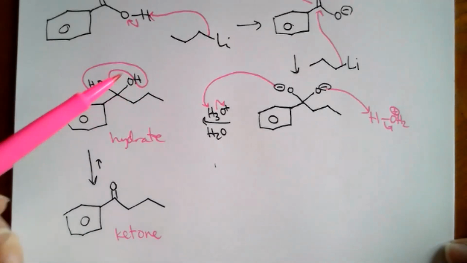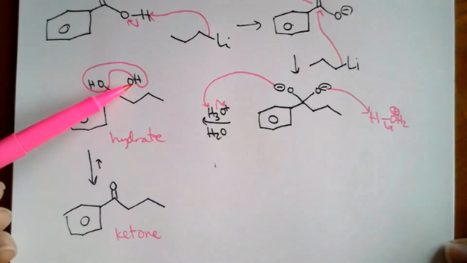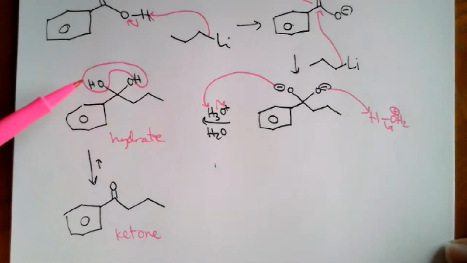One of these O's gets protonated to make a water, fold down and kick out that water. Then you've got a C double O with an OH, and then deprotonate that, and you've got a ketone. Hydrates and ketones are always in equilibrium, but in general, the ketone is favored at equilibrium. We will talk more specifics about hydrates in our next chapter.